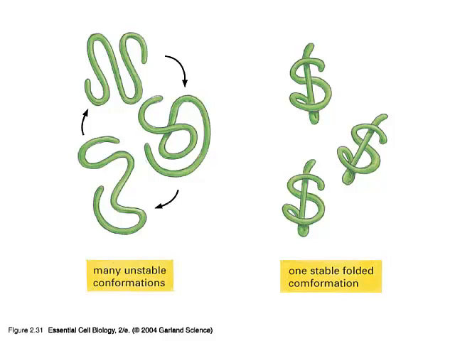Okay, so many unstable conformations of this chain or string of amino acids will occur before the proper stable conformation is formed. What happens to the function of a protein if it's in an unstable form?